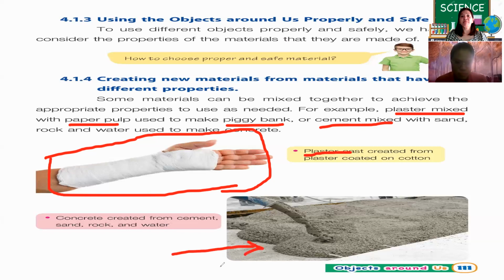We use this in building houses, in making roads, in concrete. So cement, sand, water, rock. We mix them all together to make concrete, and it's very hard. Teacher, I think the students are familiar with this.